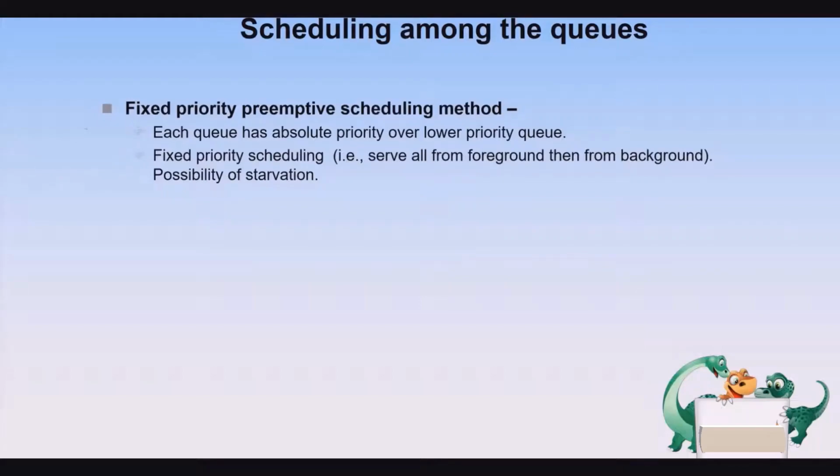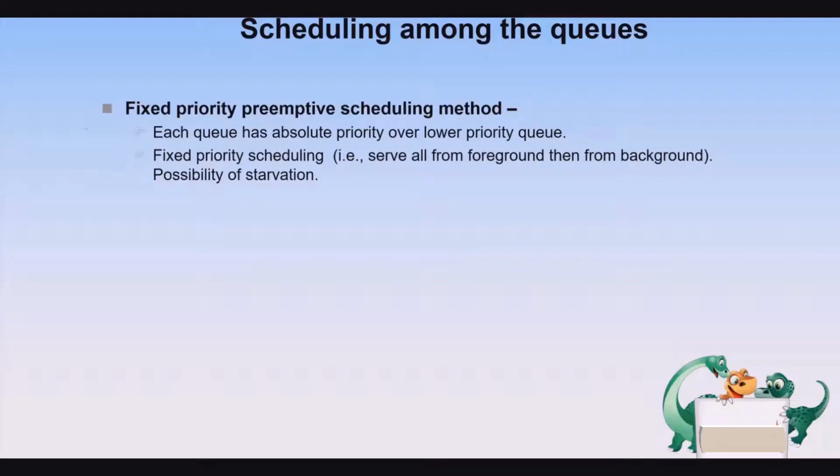In fixed priority scheduling, an example is serving all the processes from the foreground, then from the background. So any background process cannot start unless there is no foreground process in the queue. If the background processes are currently being executed and a new process that is classified as foreground arrives, the background process will be preempted to give priority to the foreground process.